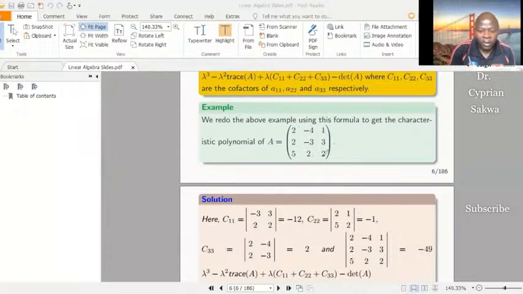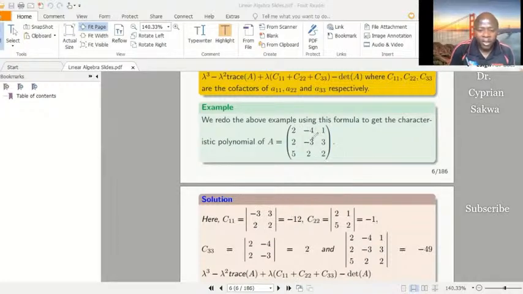So the cofactor, therefore, is the determinant of the matrix that remains after that deletion. So when I delete element A11, the row of that element and then the column of that element, I'm left with negative 3, 3, 2, 2. So the determinant of that is the cofactor C11. And you can see that is negative 6 minus 6, which is negative 12.